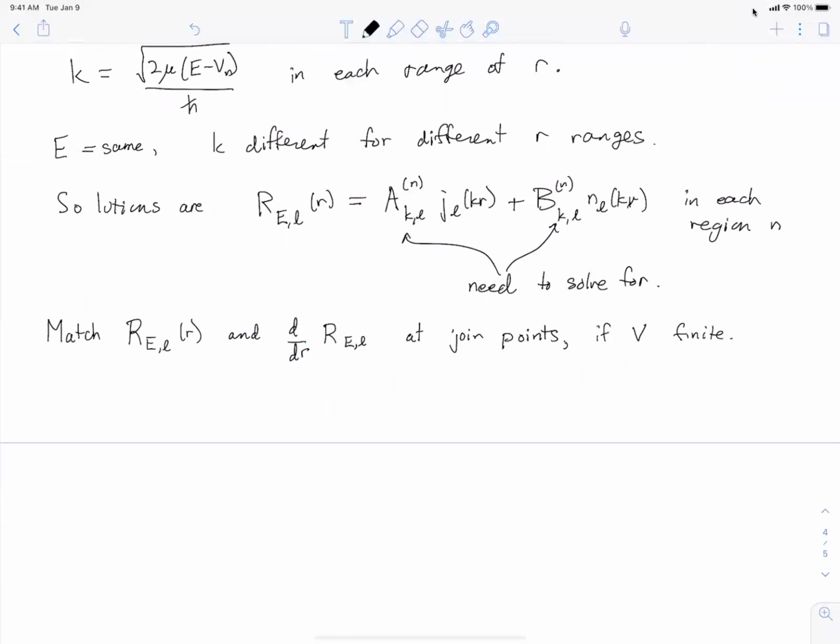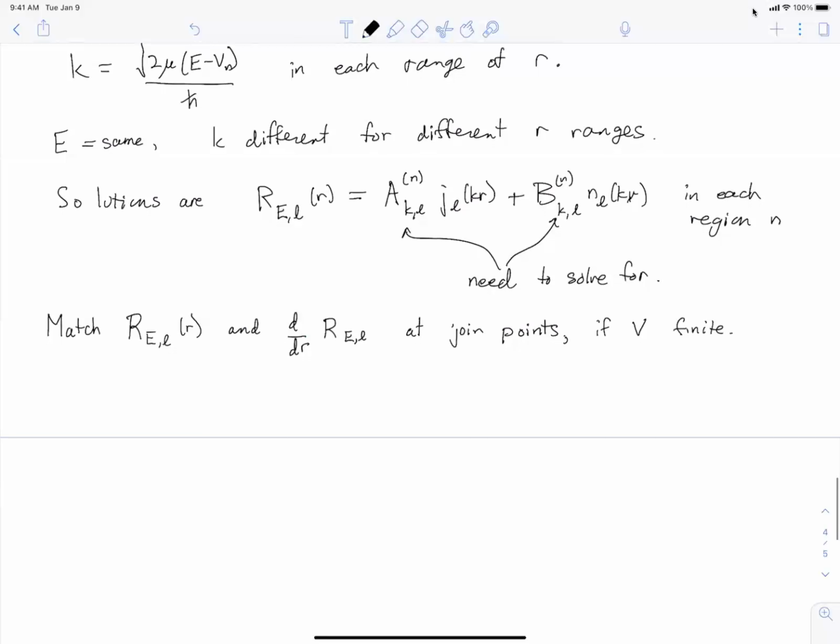And then at any point where V is infinite on either side, then you set the radial wave function to 0. Or, it's a big or here, R of r equals 0 if V equals infinity at that r.